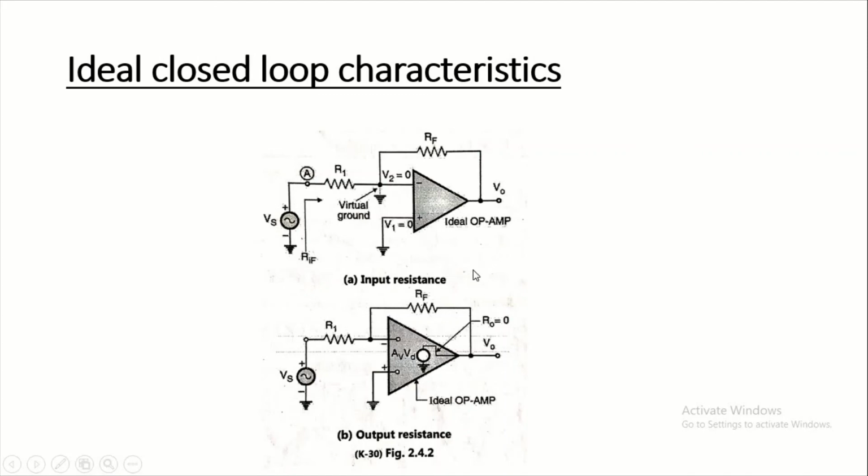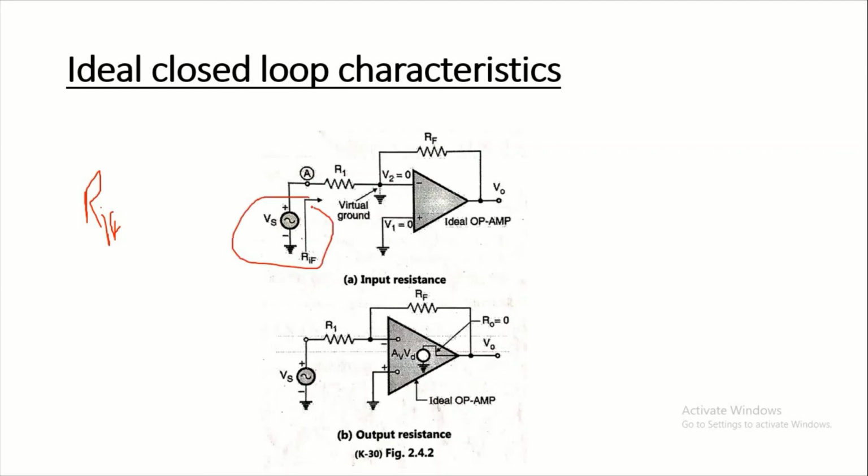From figure A, we conclude that the input resistance with the external feedback is denoted as R suffix IF. Input resistance RIF is the resistance seen by the voltage Vs, the voltage input.